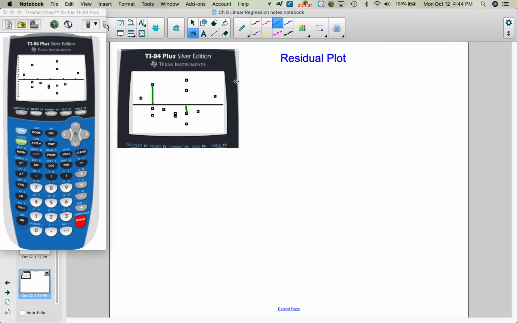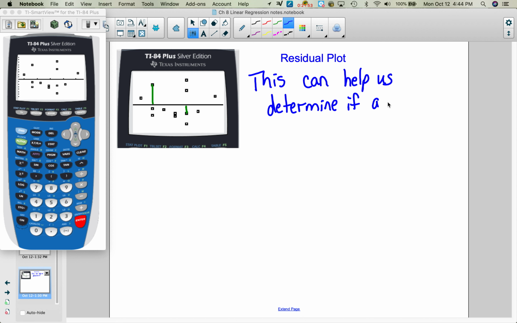Now, you're looking for something in a residual plot. A residual plot can help us determine if a linear model is appropriate.